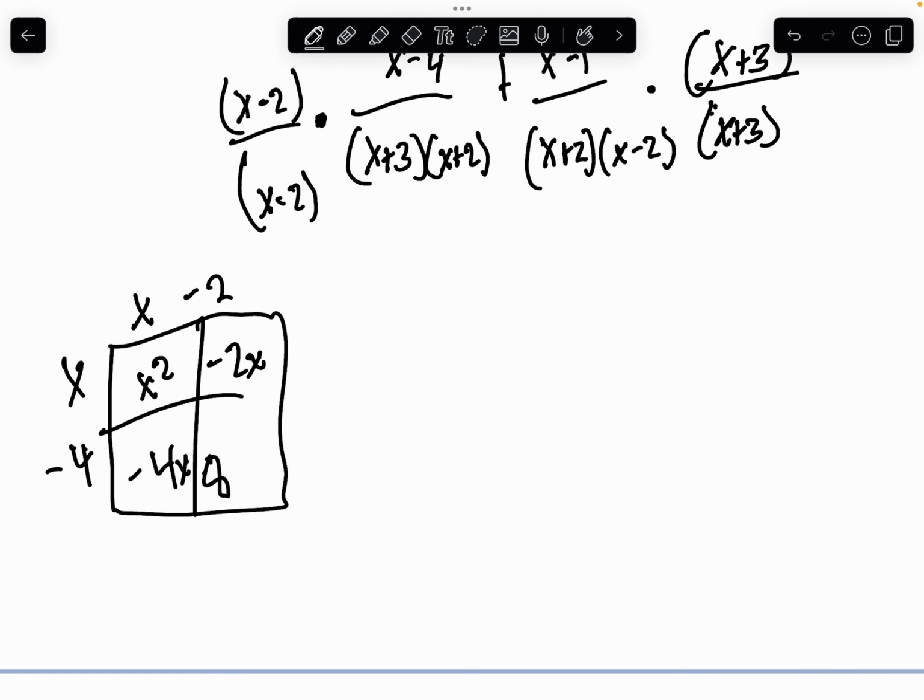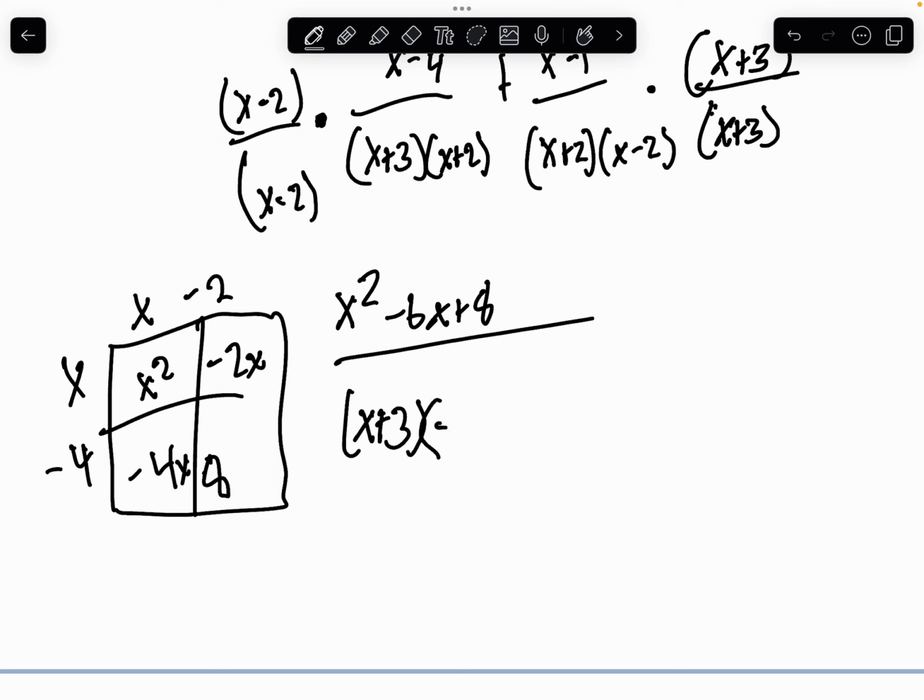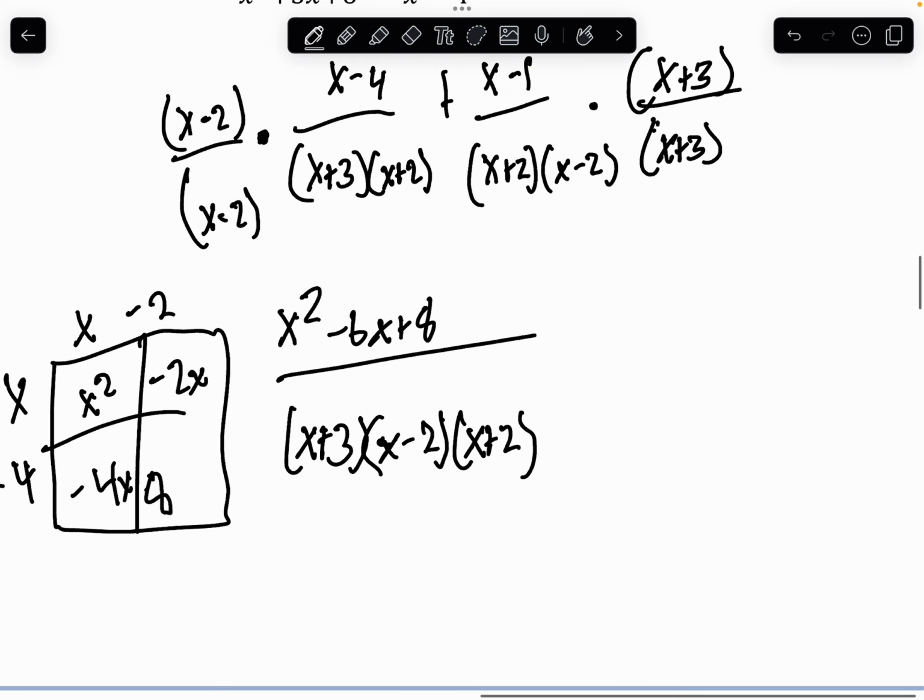So the top left is going to be x squared minus 6x plus 8. And the bottom is going to be x plus 3 times x minus 2 times x plus 2. And then it's going to be plus.